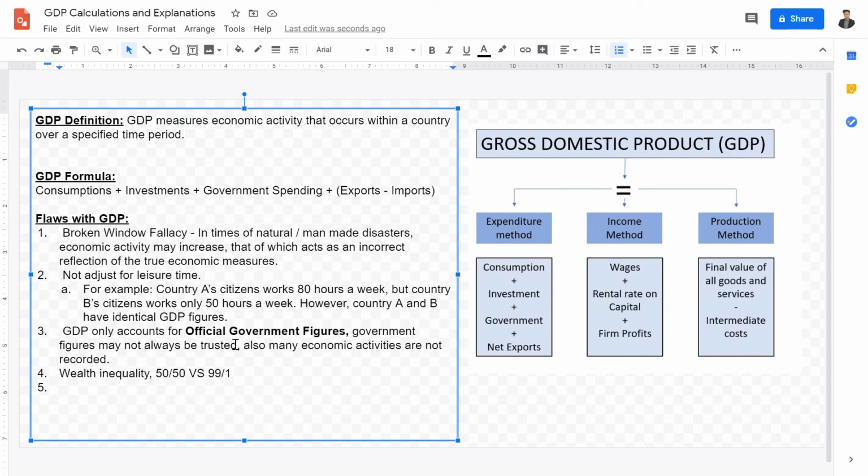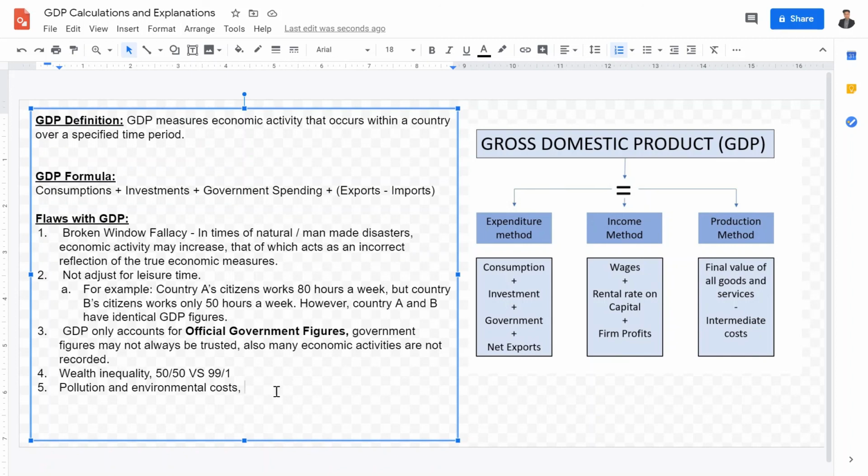Lastly, we have pollution and environmental costs. Economists look at intrinsic costs and opportunity costs in addition to just the fiscal costs. Therefore, environmental and pollution costs may also be considered.